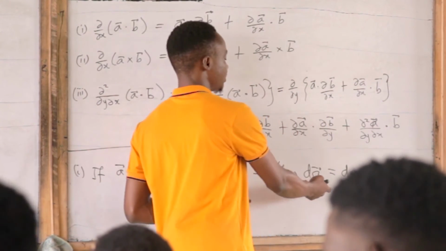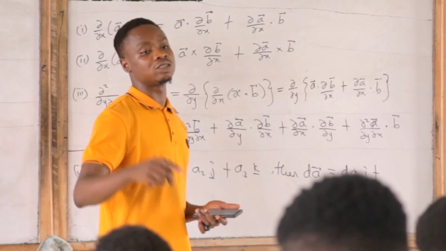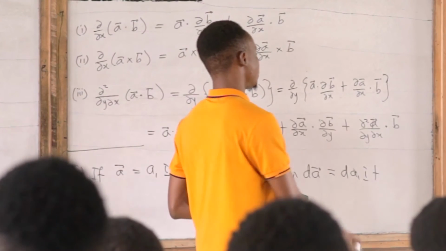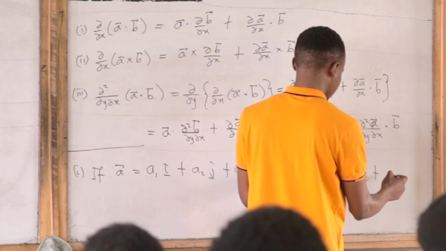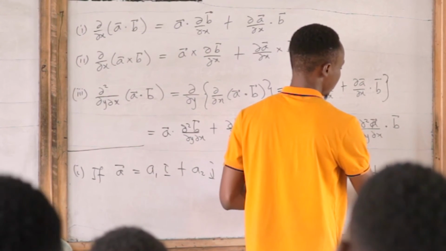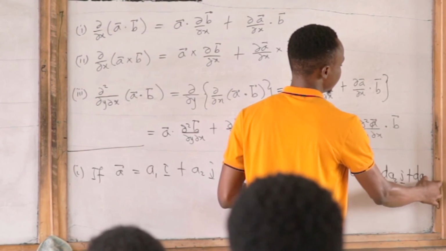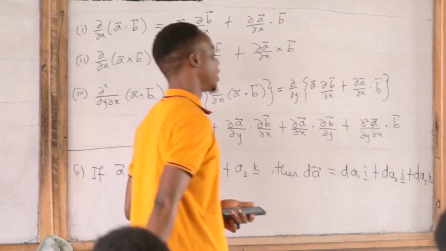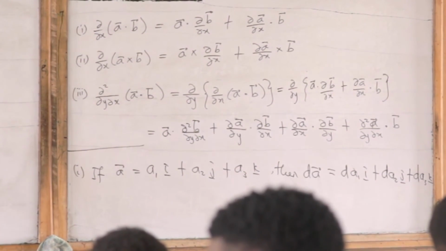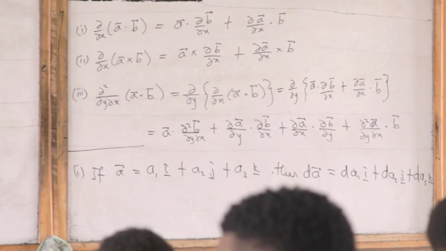So what we're simply saying is that the differential of it is equal to the differential of its components. You get that? So we get the differential of each of its components and put all of the results together.